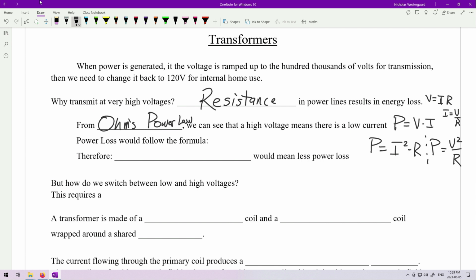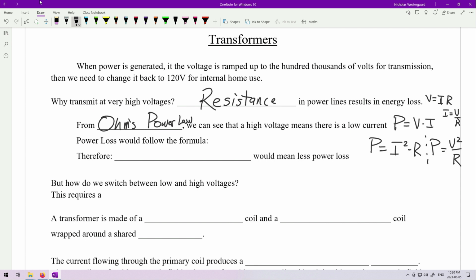Hopefully you note that any resistance is greater than 1 ohm, and if you're dealing with any cables that are kilometers long, you're definitely dealing with resistances greater than 1 ohm. You hopefully would recognize that if you choose either high voltage or high current, the high voltage would result in less power loss in total, because it'd be the high voltage squared divided by that resistance.